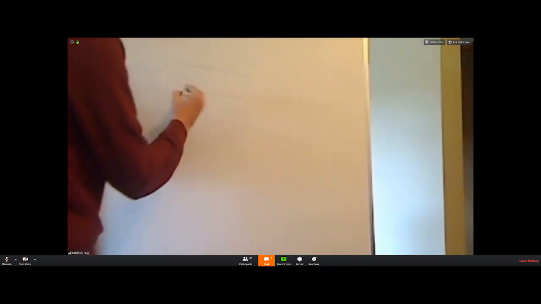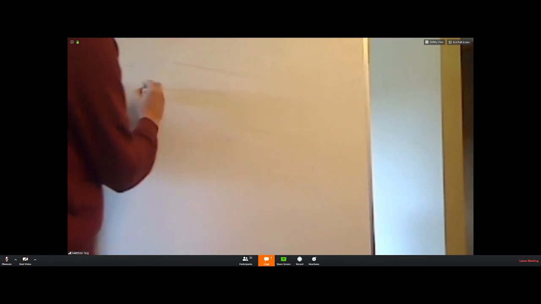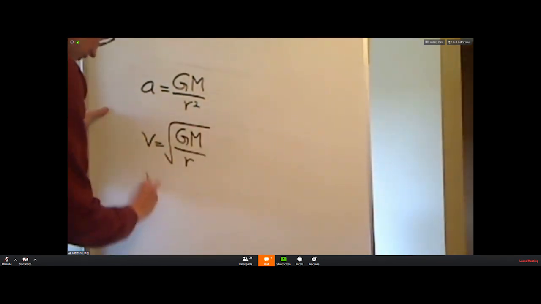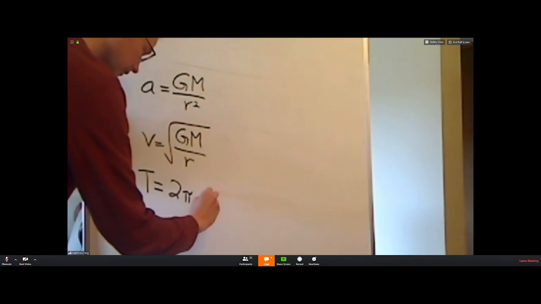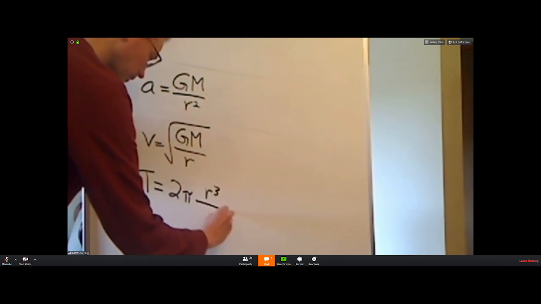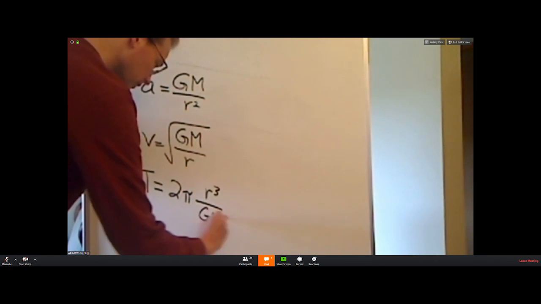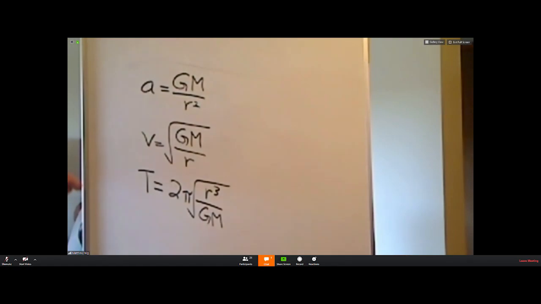Here's a couple quick facts for circular orbits. A equals capital G, capital M over r squared. V equals the square root of capital G, capital M over r. And T equals 2 pi times the square root of r to the third power over G M. Hopefully it's on screen.